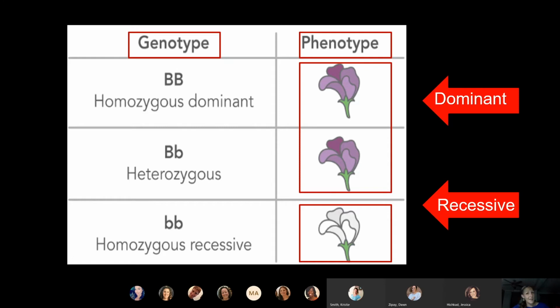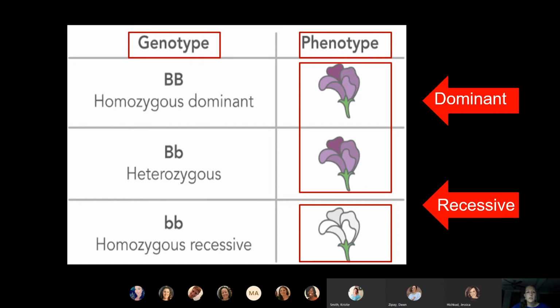So I clicked ahead, and as you can see, our dominant phenotype would be purple, meaning our recessive would be the white. Oh, there we go. So our recessive would be the white. Now, remember from our previous conversations, our dominant allele is what will tell us what specific phenotype. So if a dominant is present, then it is going to express the dominant trait.